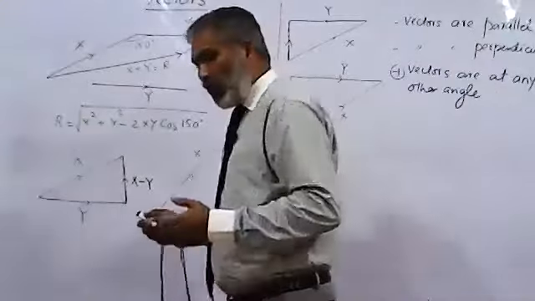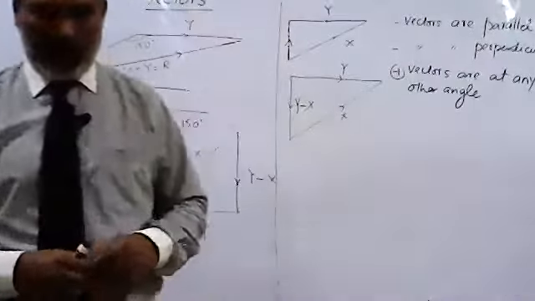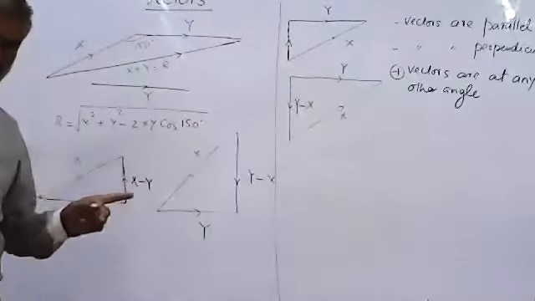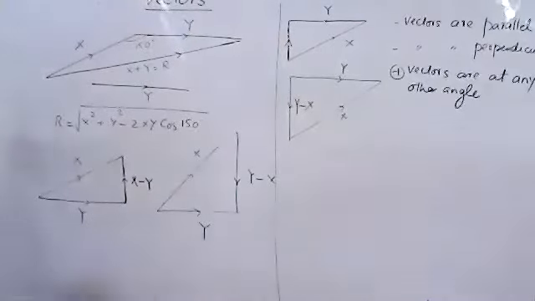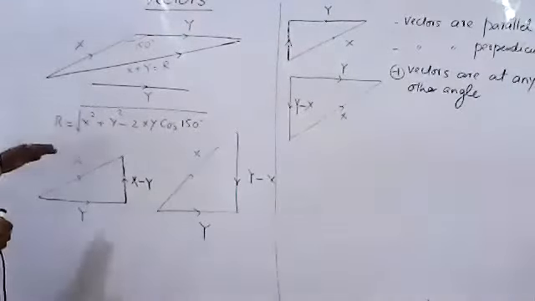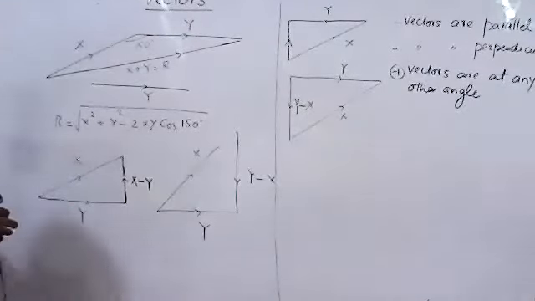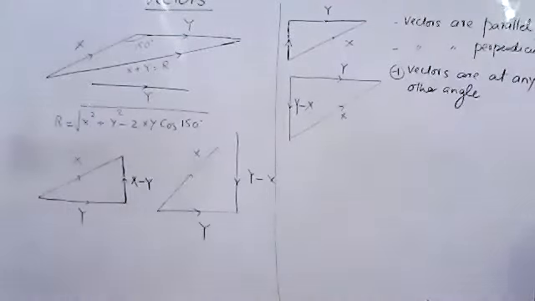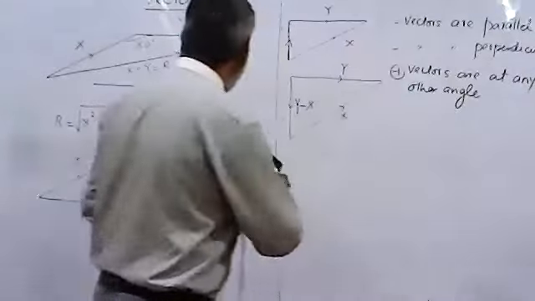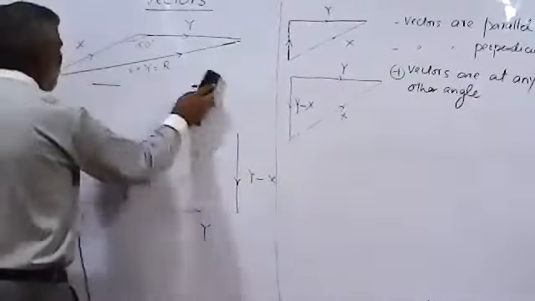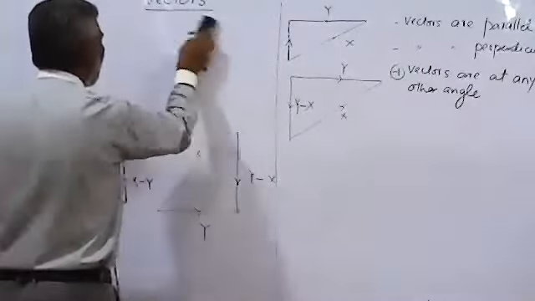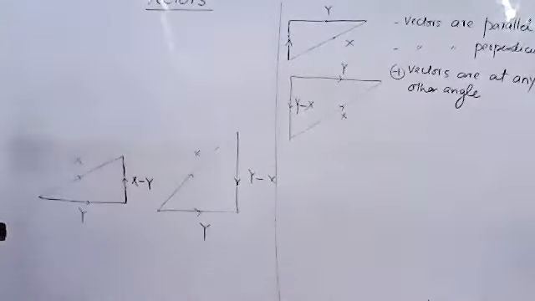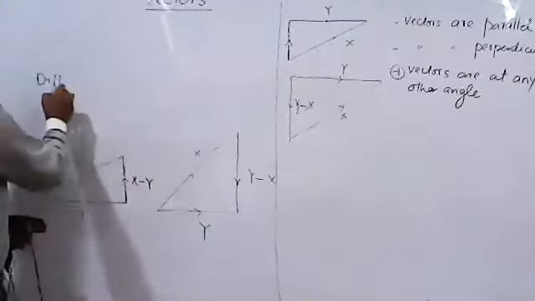So we have talked about difference of two vectors, and there are two different situations in which we can find the difference. Number one situation is, let me erase this part so you don't get confused now. From this onwards, we are talking about difference of two vectors.